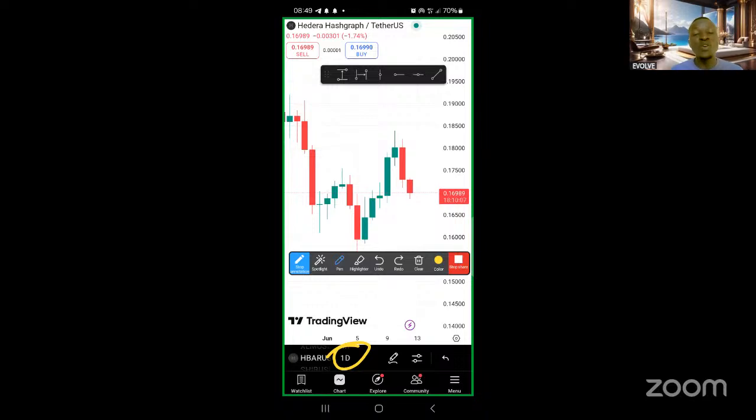So the candle is green. That day has been bullish. Now, understanding this will help you not just go into the market blindly. Are we together? You have that knowledge, okay?